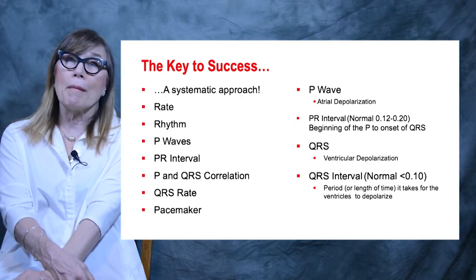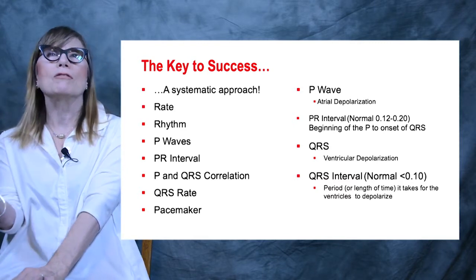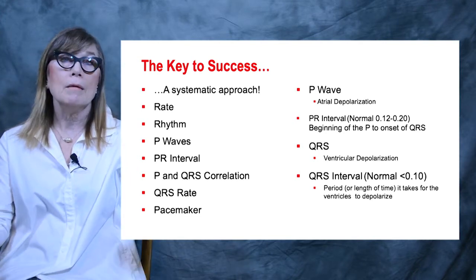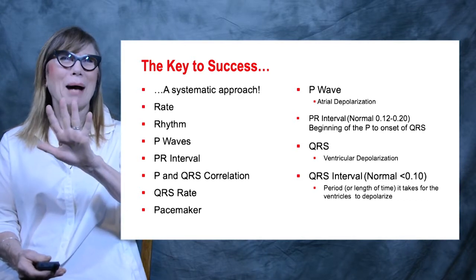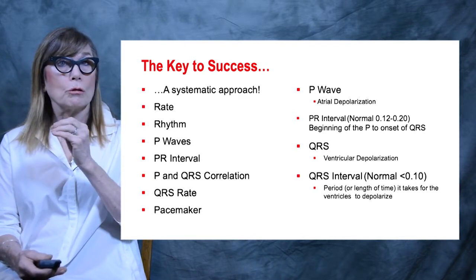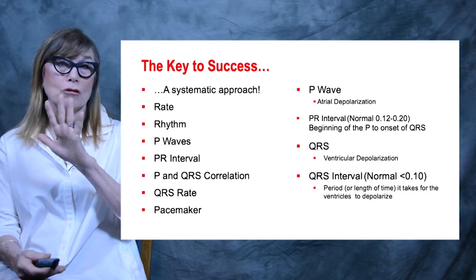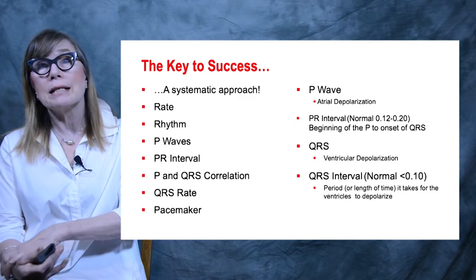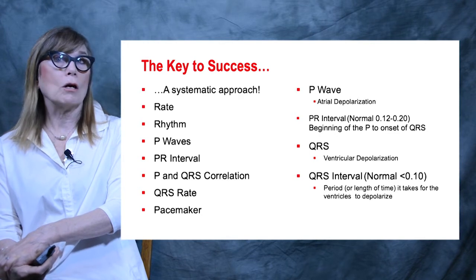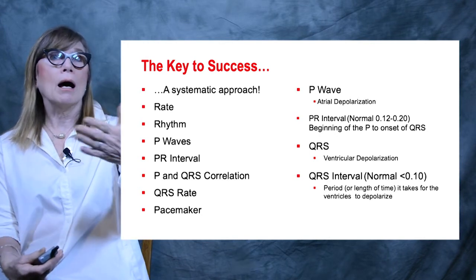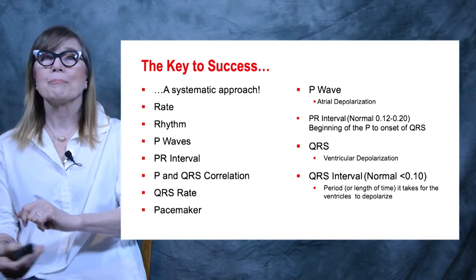It is important to remember that the normal PR interval from the beginning of the P wave to the onset of the QRS normally is 3 small to 5 small boxes. So 0.12, those are 3 small, to 5 small, 0.20. Those are all time measures. And the QRS interval is normally less than 2.5 small boxes, 0.10. Again, I'm not necessarily explaining these basics because I'm quite certain you already know them.